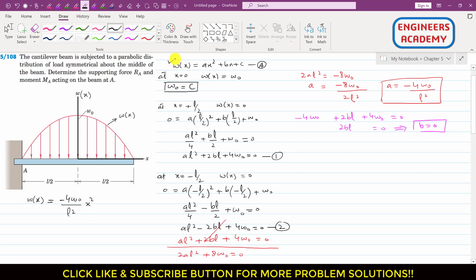We are putting a, b, c values in this equation A. So this is ax square plus bx, so b is 0 into x, and c is omega naught, so we can add this plus omega naught. So we will be left with minus 4 omega naught divided by l square x square plus omega naught. This is that w of x function.